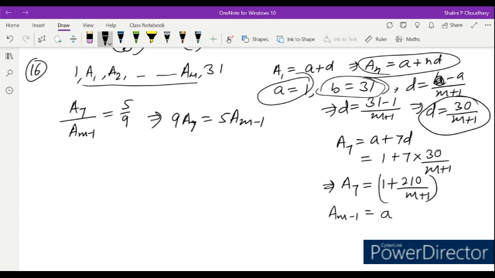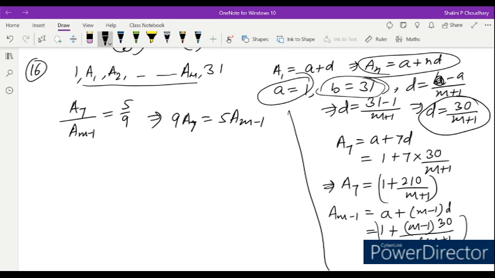This will be a plus (m minus 1)d, that is 1 plus (m minus 1) into 30 upon m plus 1.